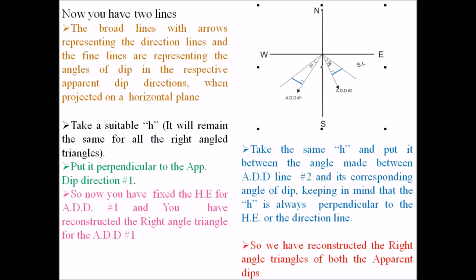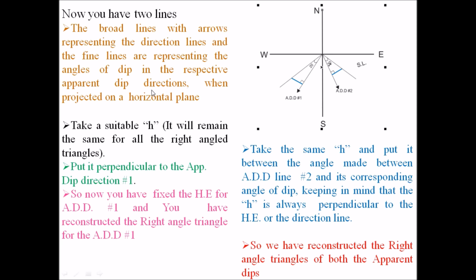Now we have got two kinds of lines: ones with arrows, which are relatively broader lines, representing the directions, and these two fine lines without arrows, representing the angles of dip in the respective apparent dip directions when projected on a horizontal plane. Now we have to reconstruct the right angle triangles in both the apparent dip directions.